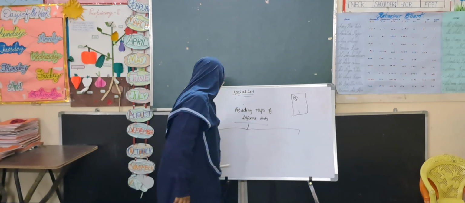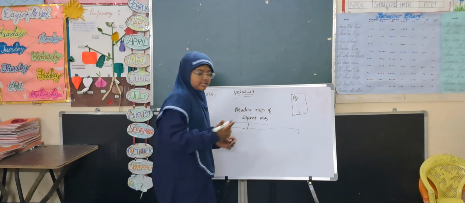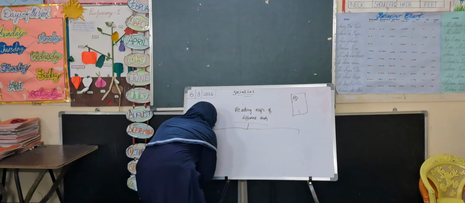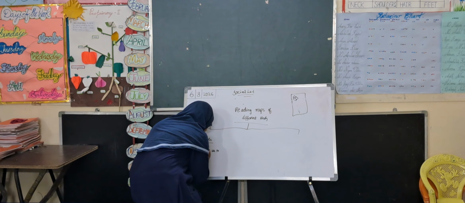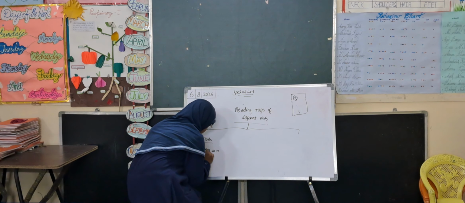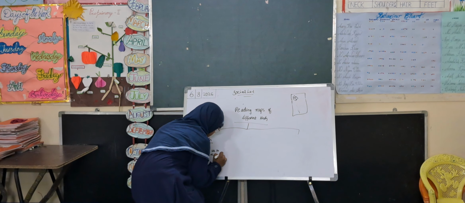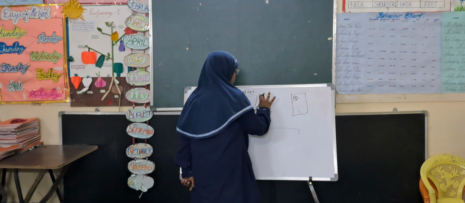So we can say a symbol helps us to show distance easily, because we cannot draw the exact ground on the map.